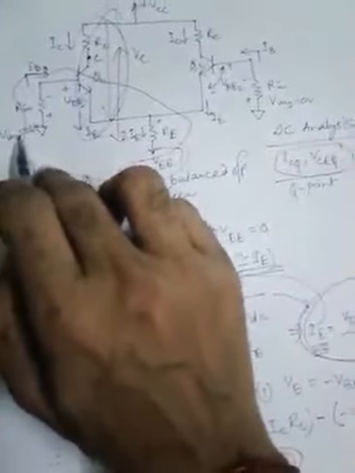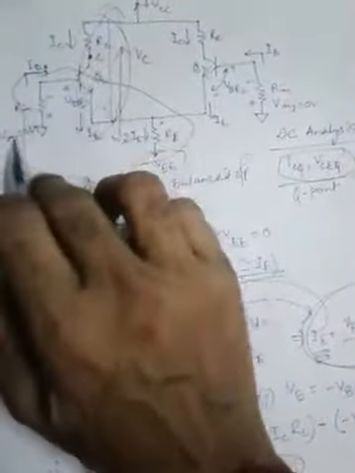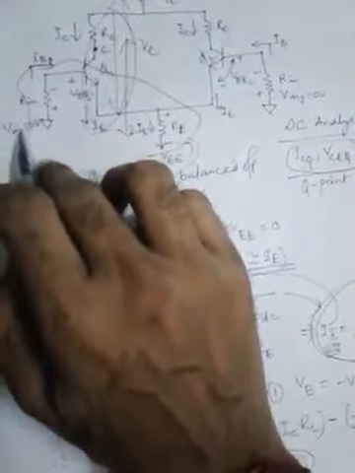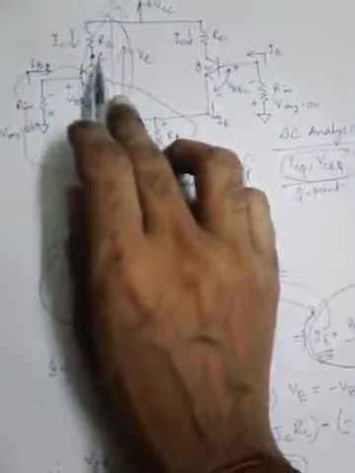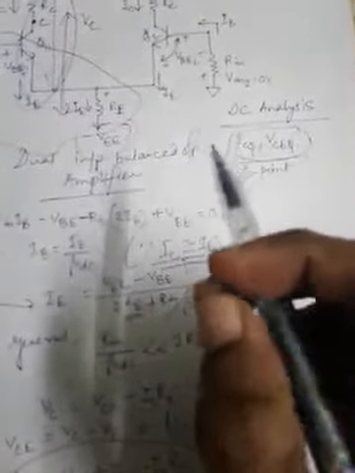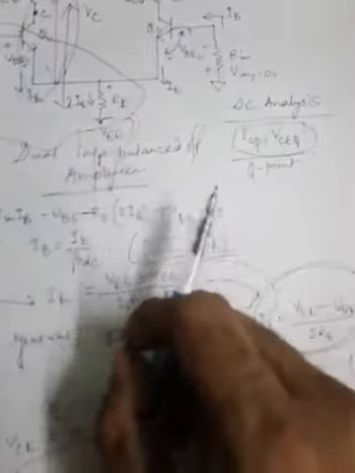So if this V in 1 is acting alone, then the polarity of V in 1 will be same as the polarity of the output voltage at the output terminal of Q1. That's why we can say that the non-inverting input will be that where the V in 1 input voltage is acting alone.